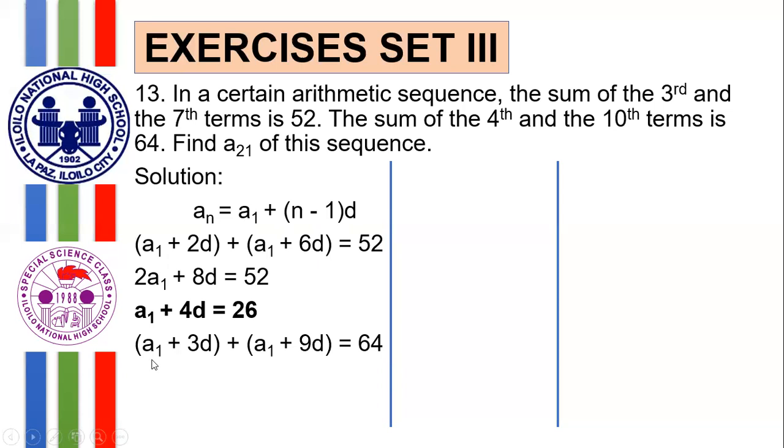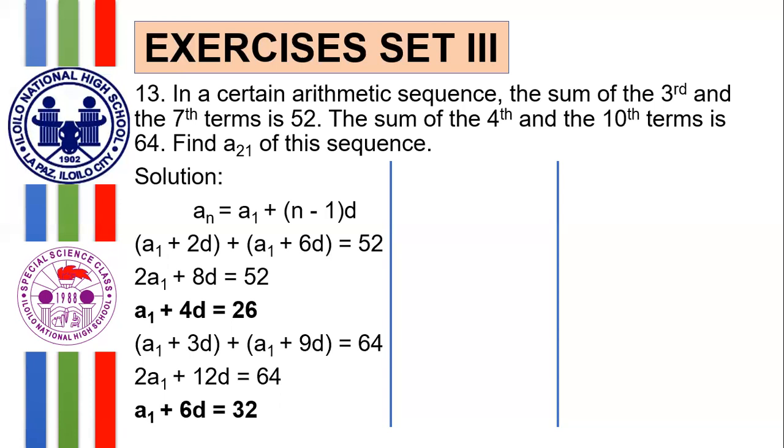Simplifying the left-hand side, a sub 1 plus a sub 1 is 2a sub 1. 3d plus 9d is plus 12d equals 64. Also, we could see that each term has a GCF of 2, so dividing each term by 2, we have a sub 1 plus 6d equals 32.